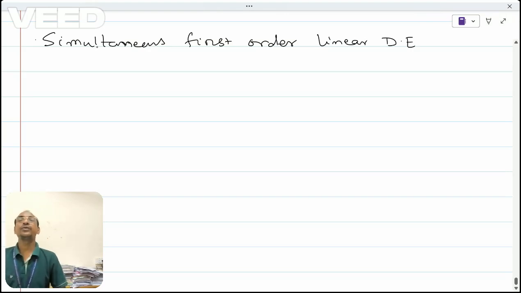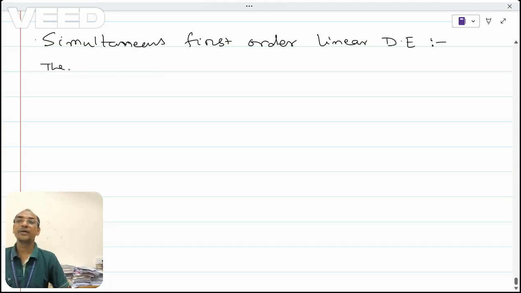So if we have more than one linear differential equation of first order, then how are we able to solve that system of equations? Simultaneous equation is equivalent to a system of equations.